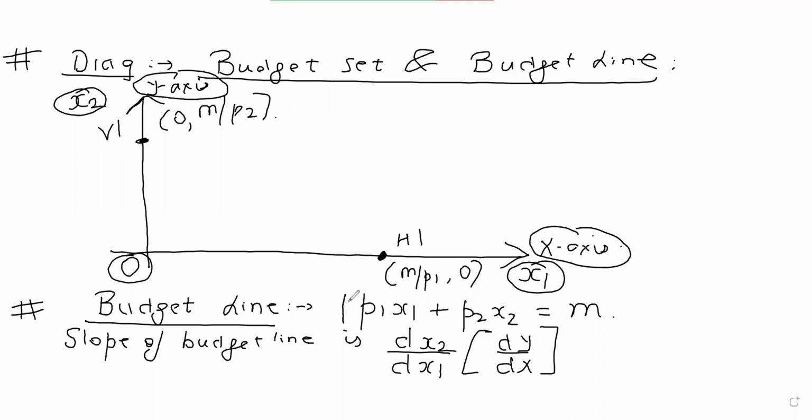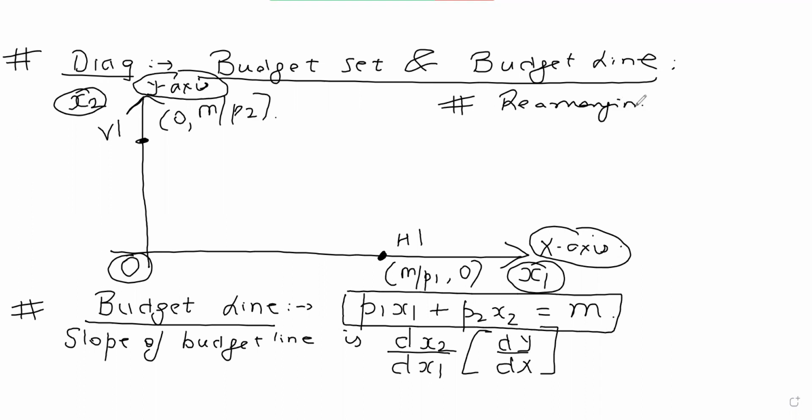Now, from the budget line equation, can I find dx2 by dx1? If I rearrange the budget line, I can write P2x2 as m minus P1x1.